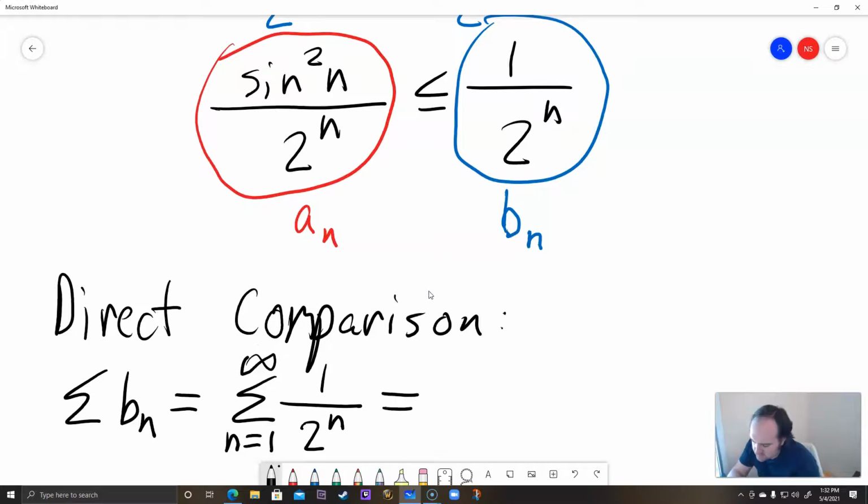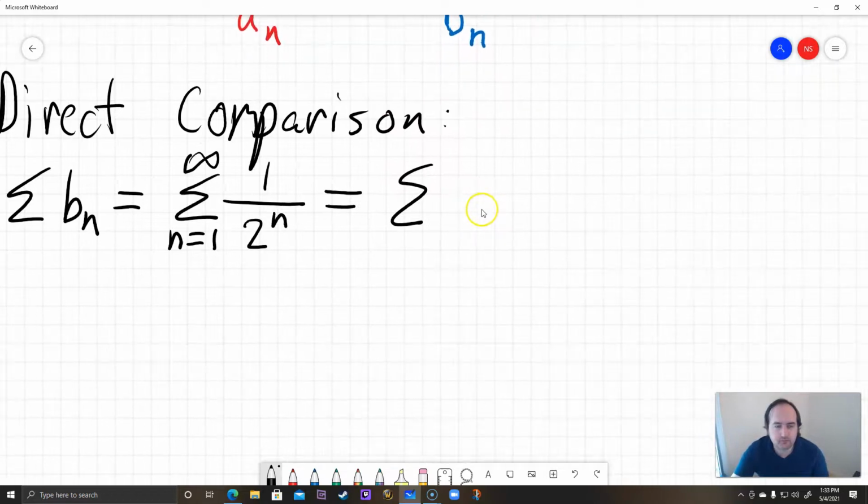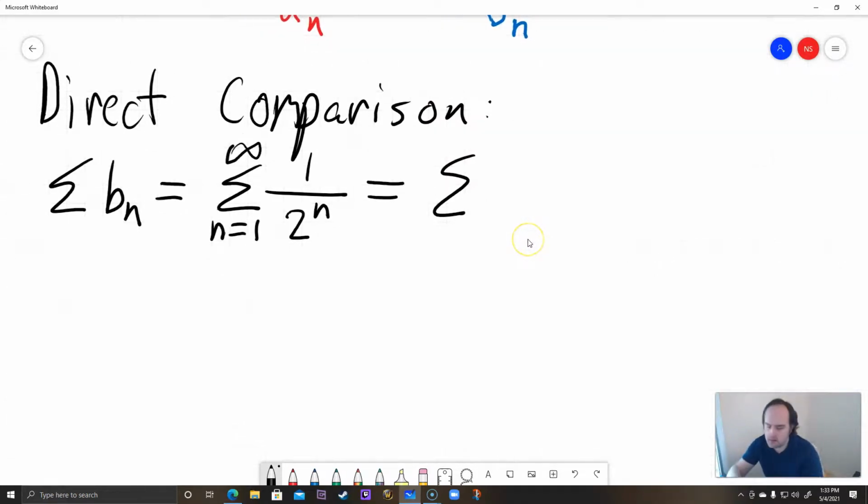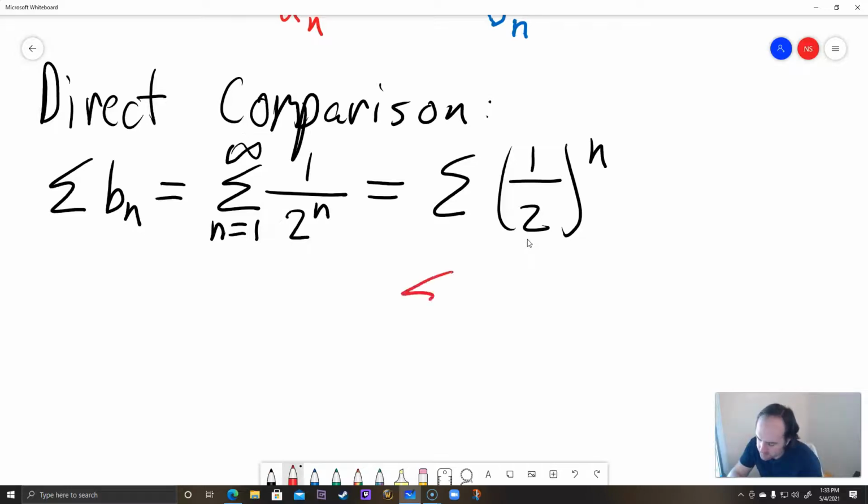It's the same as the sum from n equals 1 to infinity of 1/2 raised to the nth power. So this is in the format of the sum of a times r to the n. Here we can see a equals 1, and r equals 1/2.